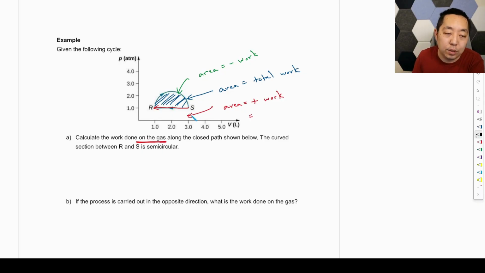And that's how we get positive or negative work out of these kinds of systems. This is a thermodynamic cycle here. So we just look at the area of that, and that's going to be the total work. It's going to be negative, because the expansion has more negative area than the red part here that had positive area, right? And so the total work is going to be the area, half the area of a circle.